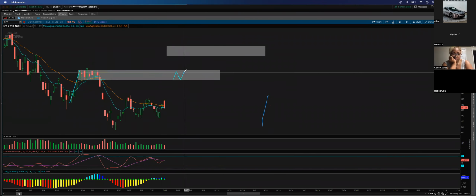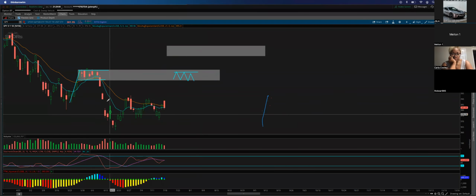Then that is the time where you don't take it. That is what I'm trying to say. You don't take it now because you established that it is a supply zone. But here, if you took it and you lost, that's totally fine, because we hadn't established that this was a supply zone yet.